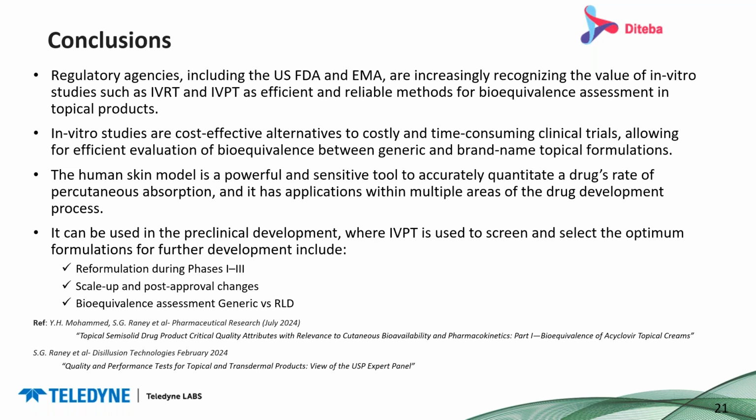Both agencies are involved in global harmonization efforts, such as ICH. Both FDA and EMA recognize IVPT studies as a valuable tool to assess bioequivalence of generic topical products, particularly in cases where traditional clinical endpoint studies are challenging.